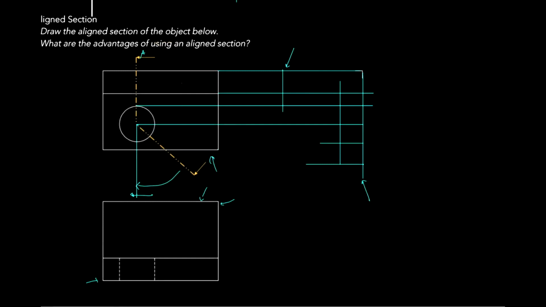Okay, so if we were to complete this, gagamitin natin yung. So first, I'll do the outer surface muna. So my outer surface should be this one. Papunta siya dyan.